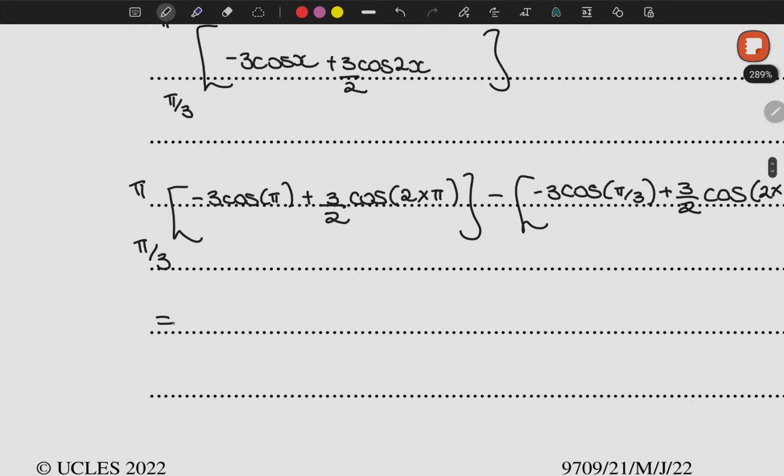So now this is going to be equal to negative 3 cos pi. It's going to be 3 plus 3 over 2.